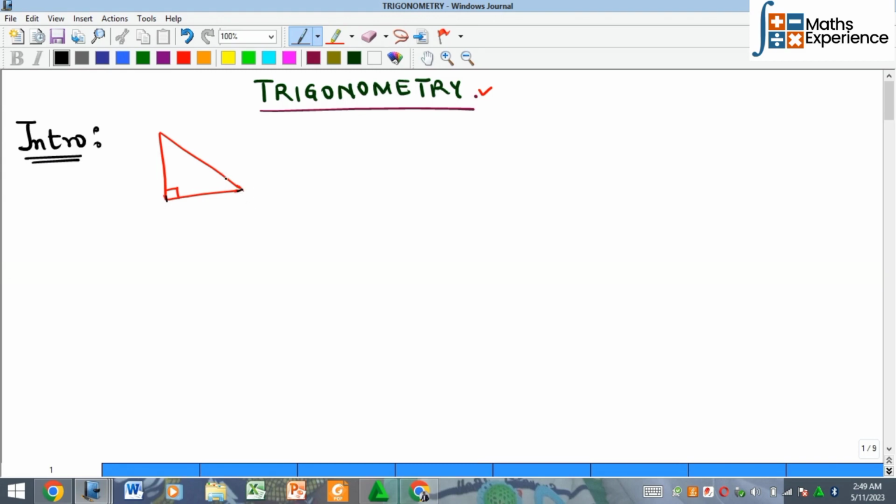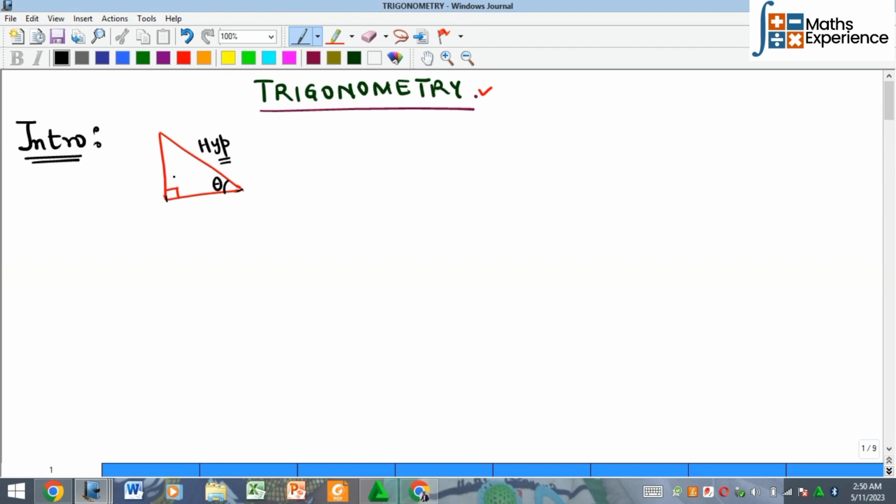Now when you have a right angle triangle, we usually define the sides of the triangle. If there is an included angle here which we can call theta, we can label the three sides of this triangle. The side facing the angle 90 degrees, which is also the longest side, is called the hypotenuse, which we can shorten this way.